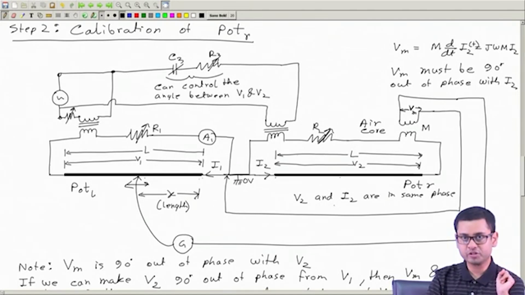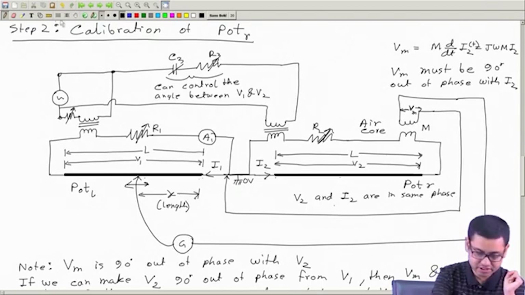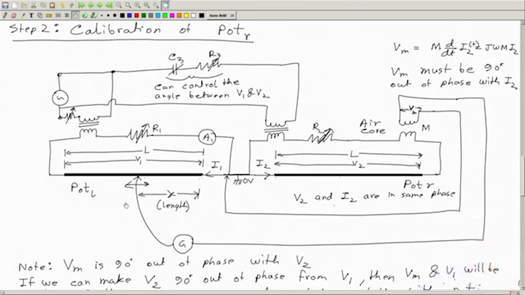Another small thing, you observe that the voltage induced in the secondary is Vm, and at the null condition, when there is no current in the secondary circuit, then there is no voltage drop also in the secondary.